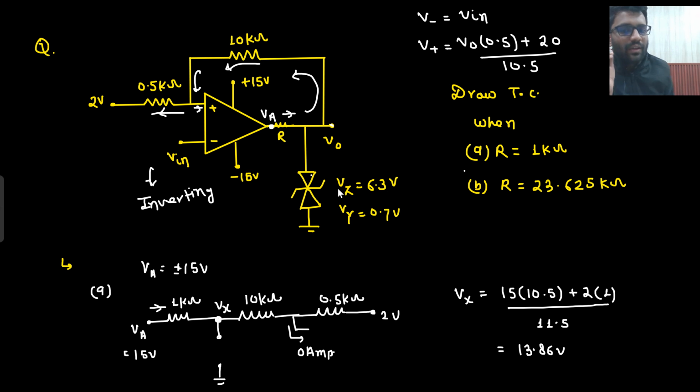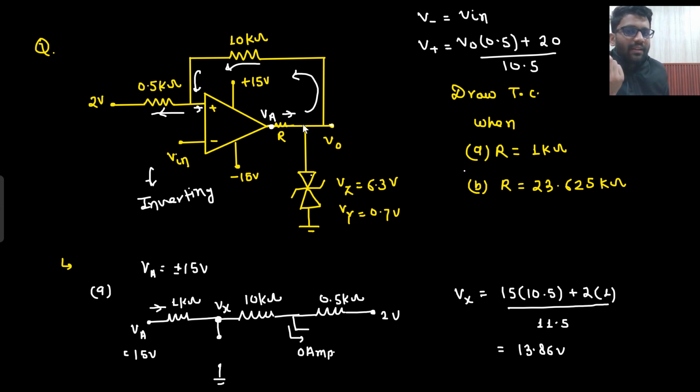So you can consider them into breakdown and reverse bias, by hit and trial, without even checking. But if you have time, then certainly check it.